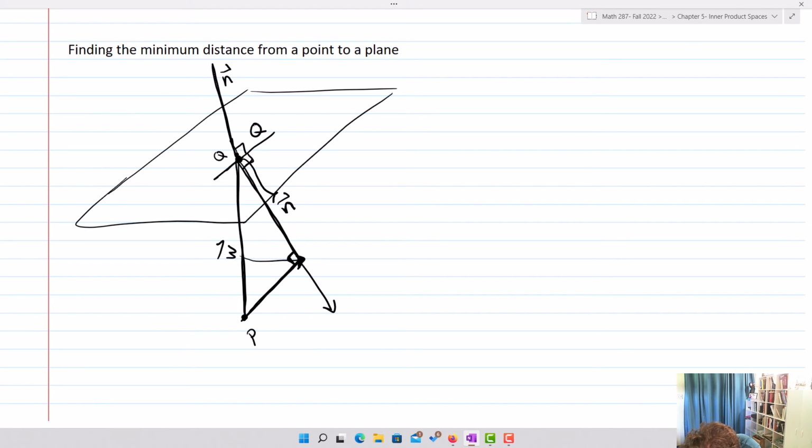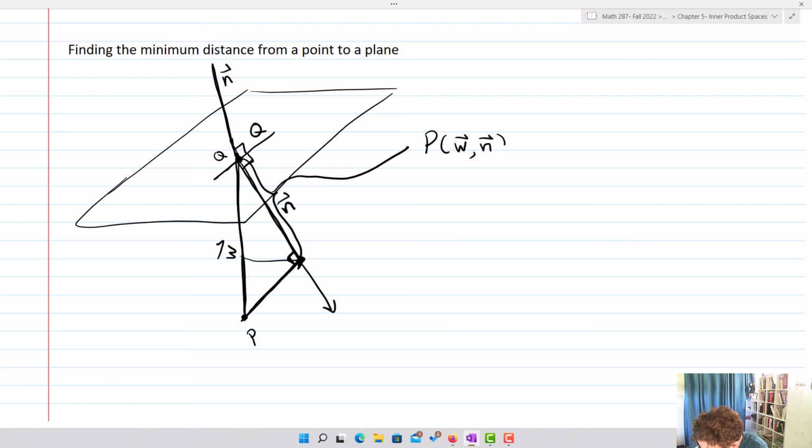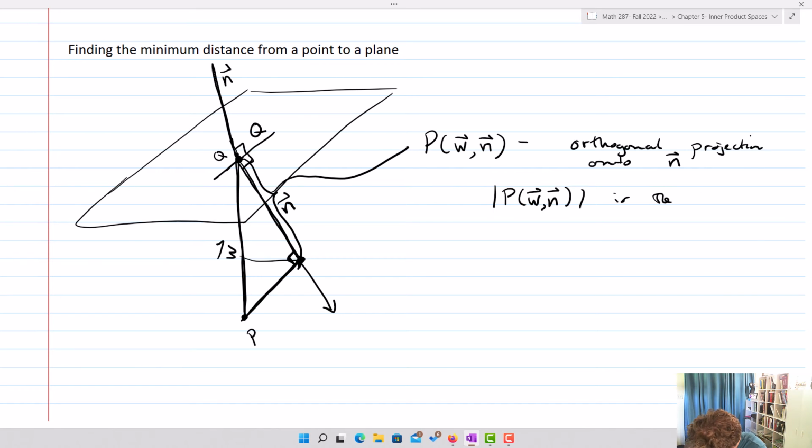The length of this is P of W, the orthogonal projection of W onto N. The magnitude of the orthogonal projection onto N is the distance from P to the plane.